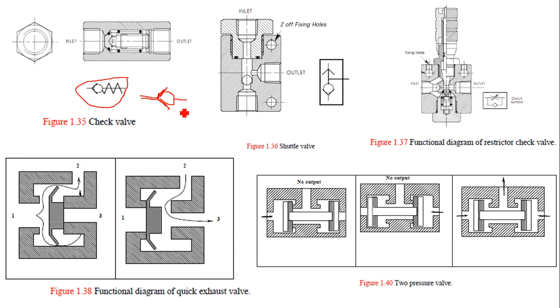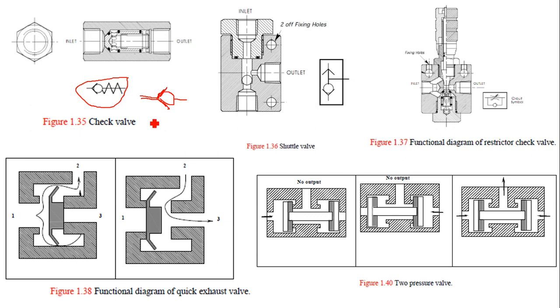Now, can you tell me the direction of this? In which direction it will prevent the flow and in which it will allow the flow. So let's see. When the pressurized air tries to come from this side, what will it do? It will push that ball against the valve seat, making the seal very firm. So no flow in this direction.